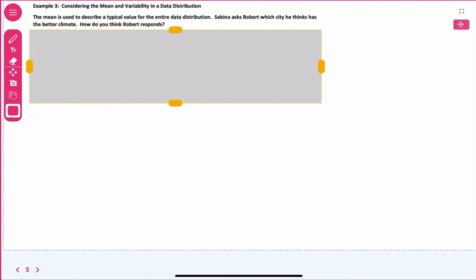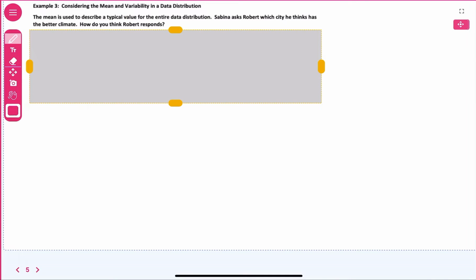So on page 5, it says, consider the mean and the variability in a data distribution. The mean is used to describe a typical value. What is typical? What is normal, in other words? Typical, normal value for the entire data distribution.